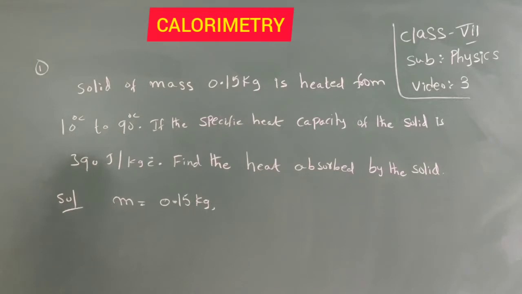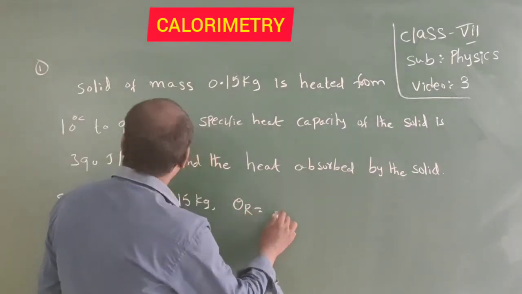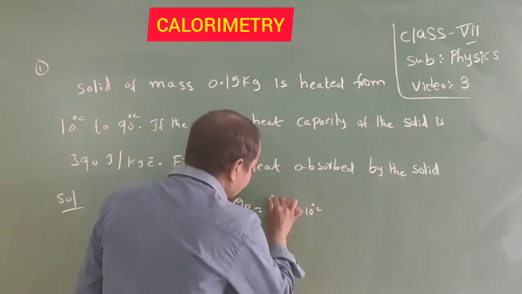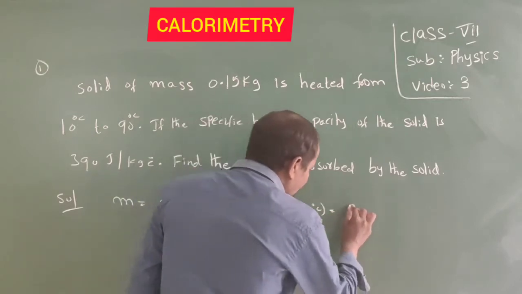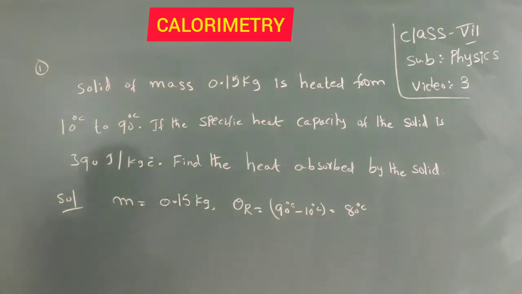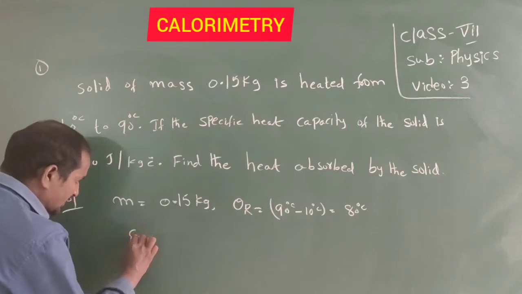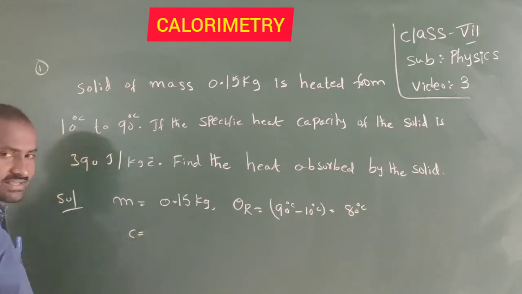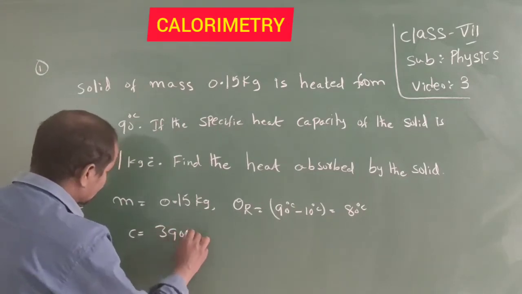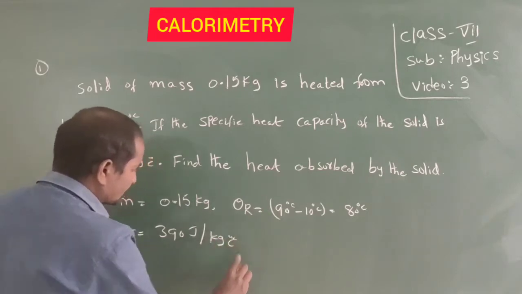Here increasing temperature means theta equal to 90 degrees Celsius minus 10 degrees Celsius, that equal to 80 degrees Celsius. Next one, specific heat capacity, we can write here S or C, that equal to 390 joule per kg degree Celsius.